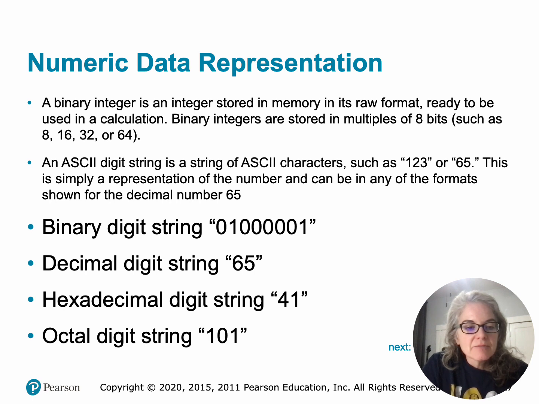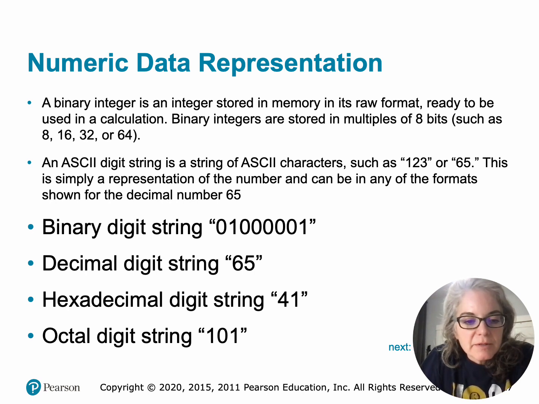So this is the binary digit string, this is the decimal format, this is the hexadecimal digit string, and this is the octal digit string, which we have not talked about and are not going to cover. The ASCII table shows all these different formats for 65.